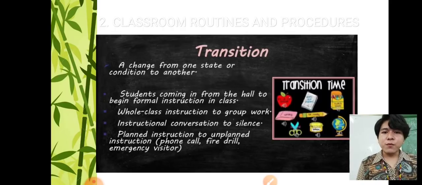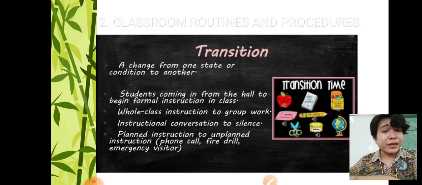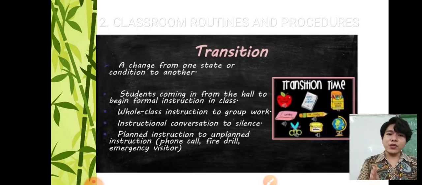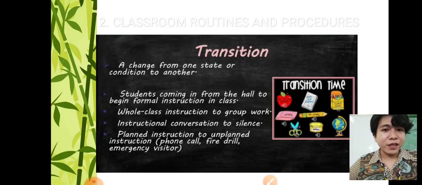Why? Because, for example, your discussion is all about science. You discuss about the cell, and then you finish it. What will you do to move on to the next topic? Since you discussed the cell, the next topic would be the parts of the cell or the cell organelles.